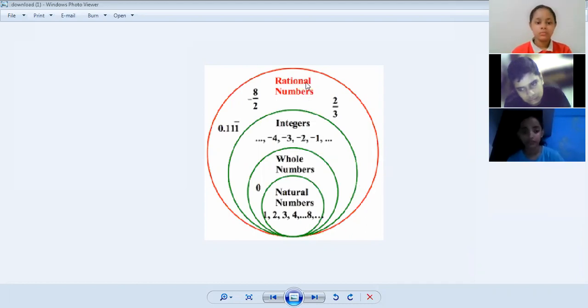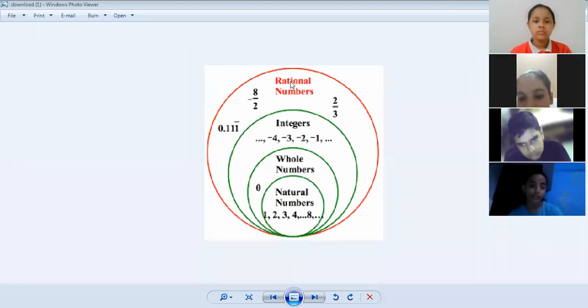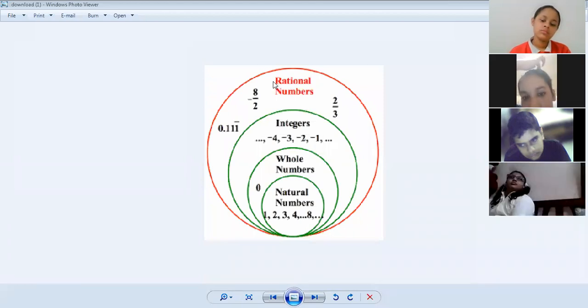Now we are going to learn about rational numbers this time. So what are rational numbers? I'm explaining on the board. Just check my board.